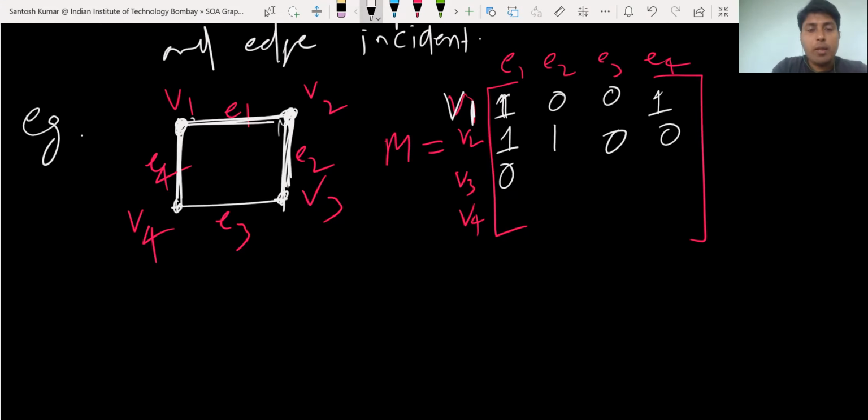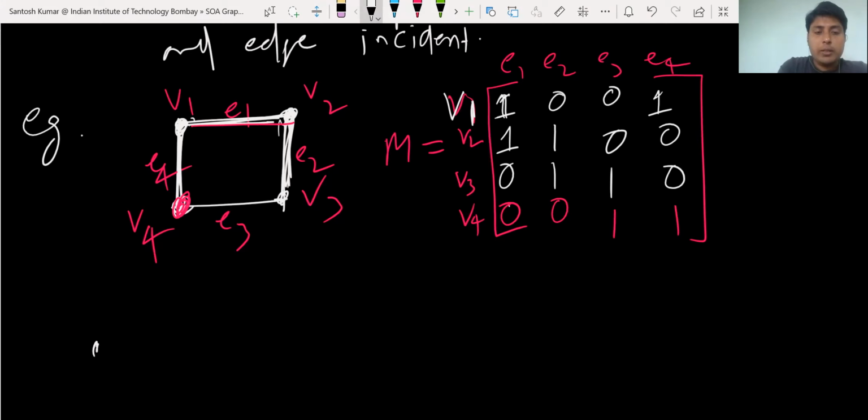V3 with E2, 1. V3 with E3, 1. V3 with E4, 0. V4 with E1, 0. V4 with E2, 0. V4 with E3, 1. V4 with E4, 1. So this is the incidence matrix corresponding to this graph.